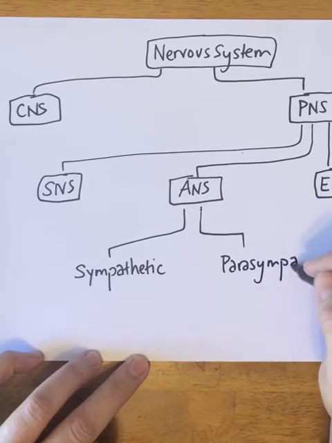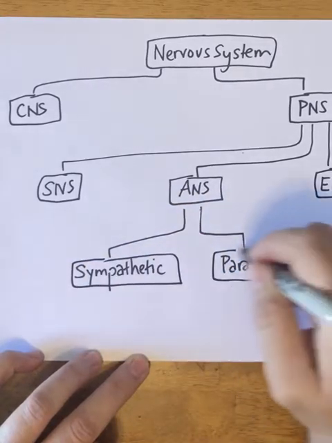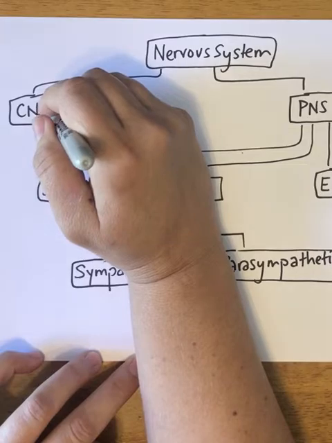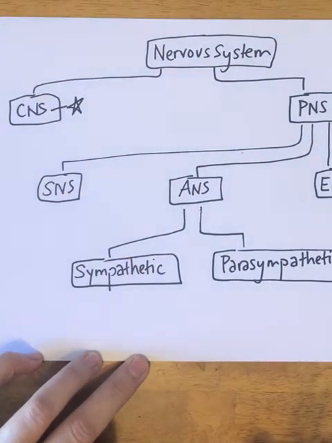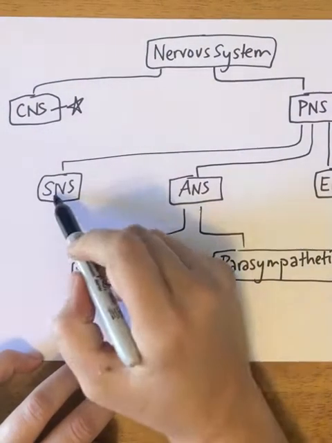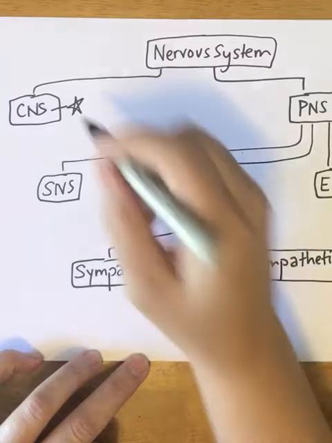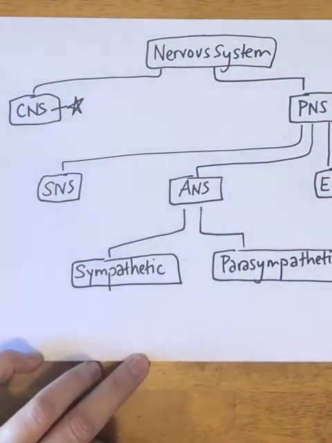So we have a whole chapter dedicated to the autonomic nervous system, and the chapter that we're focusing on in this chapter is going to be over the central nervous system. So you should know your sensory neurons and then your effectors for each of your peripheral nervous system, but this chapter that we're covering is going to be over the central nervous system.